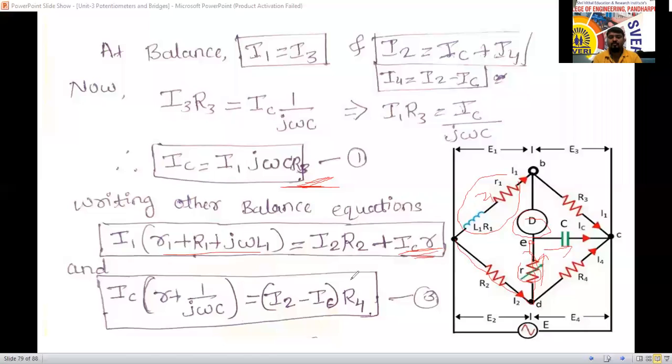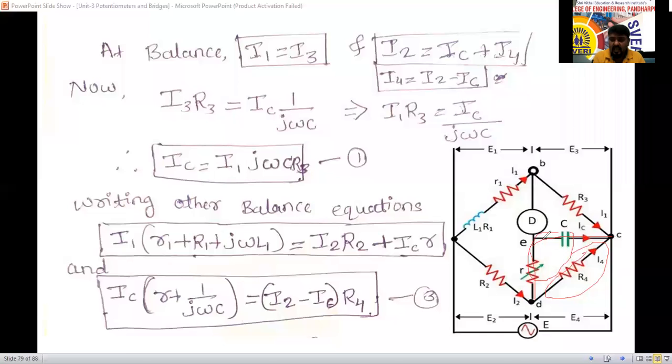Next, what we have to do? Similarly, we will consider another condition: voltage drop across this one equal to voltage drop across this one. This one, C to D, we have to consider, but here two paths are there. This one equal to this one we have to consider.